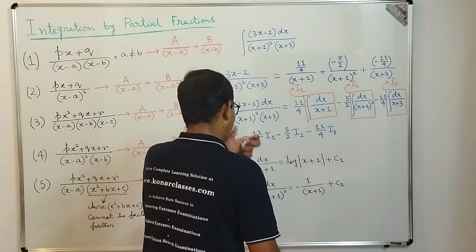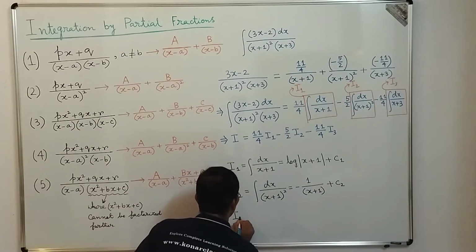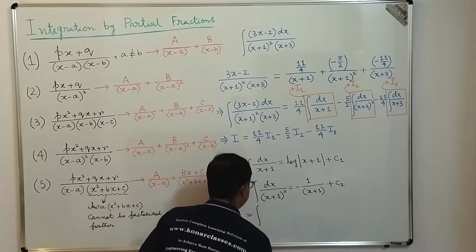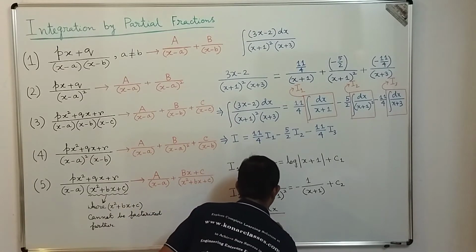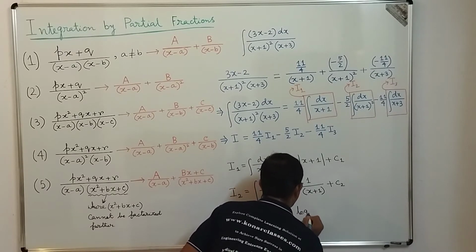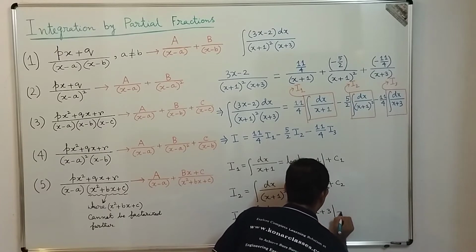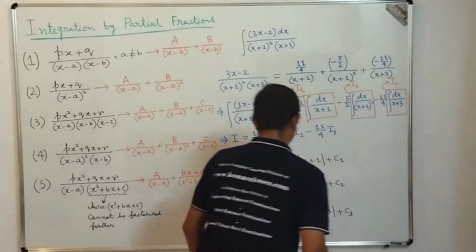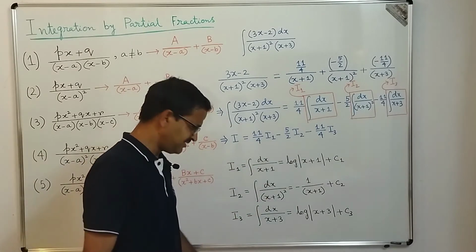And then in the similar manner, we can find the value of I3 as integration dx by (x plus 3). And we get the value equal to log of mod (x plus 3) plus c3. c3 is an integrating constant. The same logic as integration dx by (x plus 1).